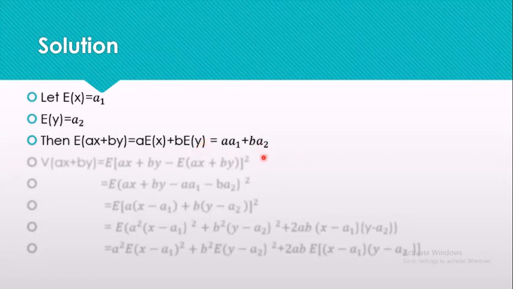Okay, so my next step is to find out what is V of aX plus bY, or variance of aX plus bY. This is equal to expectation of (aX plus bY minus expectation of aX plus bY) the whole squared.